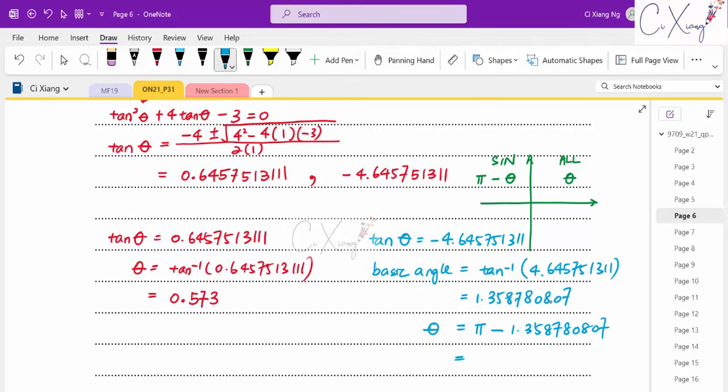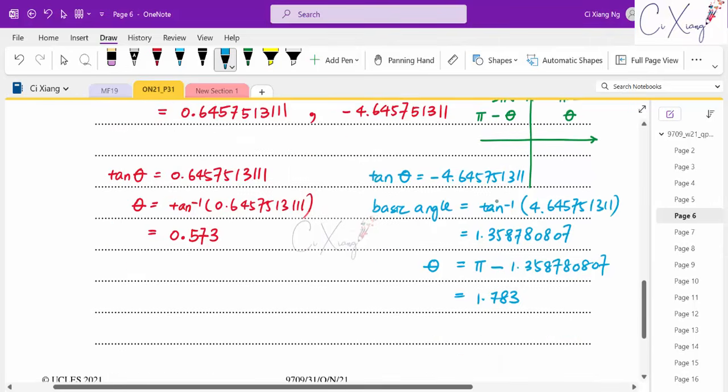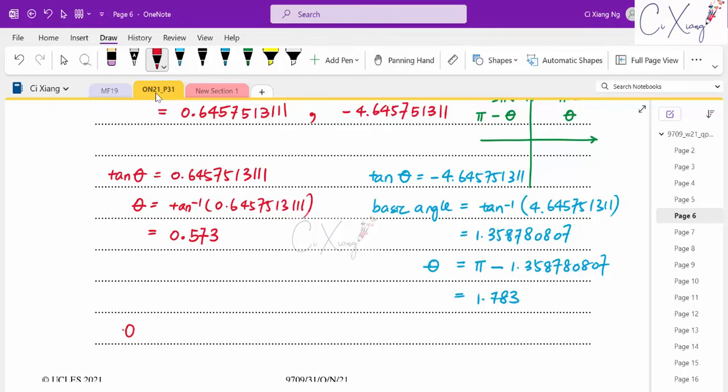And by right, your answer should be 1.783. Okay, so there's only one answer within 0 until pi. So my final answer will be these two answers eventually. And usually I prefer to write them out again so that the examiner can see your answer very clearly.